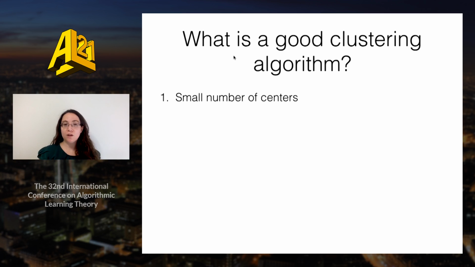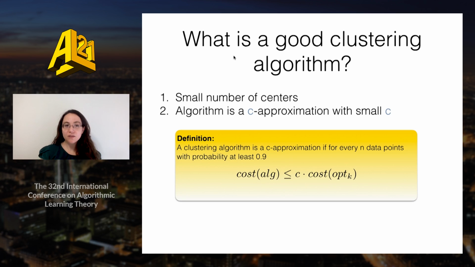So how do we evaluate what is a good clustering algorithm? Now there are 2 criterions for that. One is that the number of centers that we return should be small. K prime should be small compared to k, and hopefully maybe even k. Another thing that we judge an algorithm by is how close it is to the optimal cost.